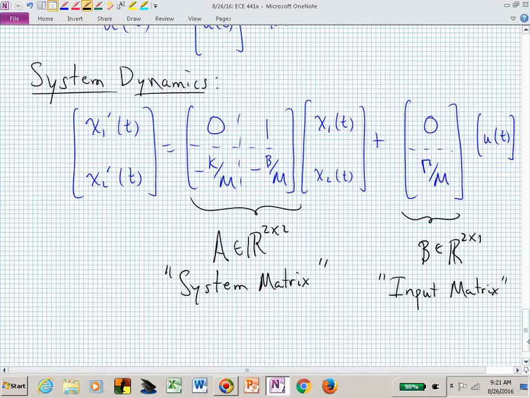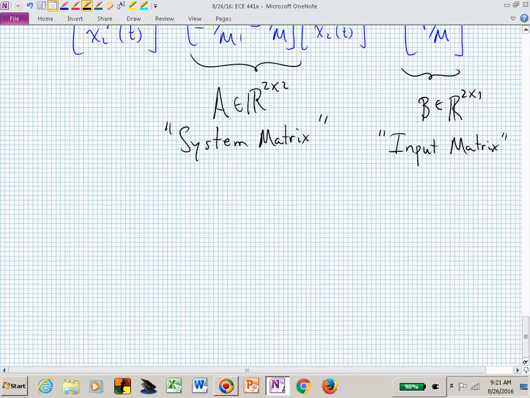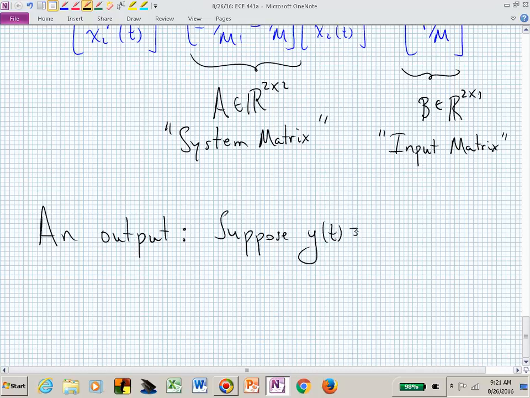Let me say that now, let's assume that we want our output Y to be, let's just say, the position of that mass. Depending on your particular system, maybe you have a sensor that measures velocity.